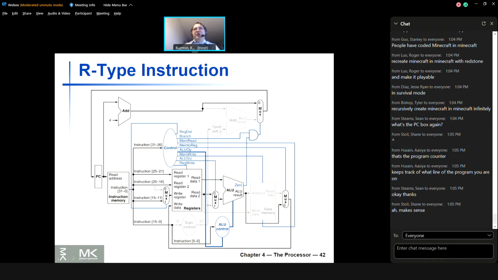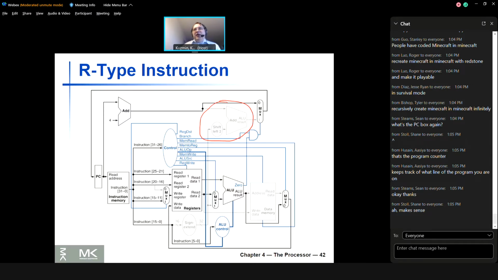So R-type instructions, you can think of your add, for example. Which components are not used in the execution of the add instruction? Obviously it's not branching, so we don't need this whole part which computes the target address for the branch. So this whole part is not used. That said, when I say not used, how should you treat my words?